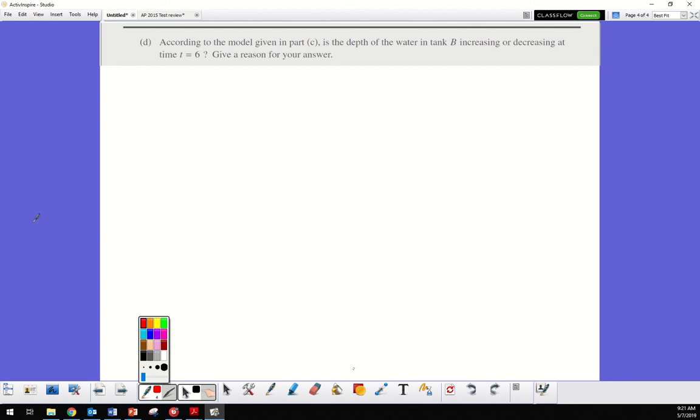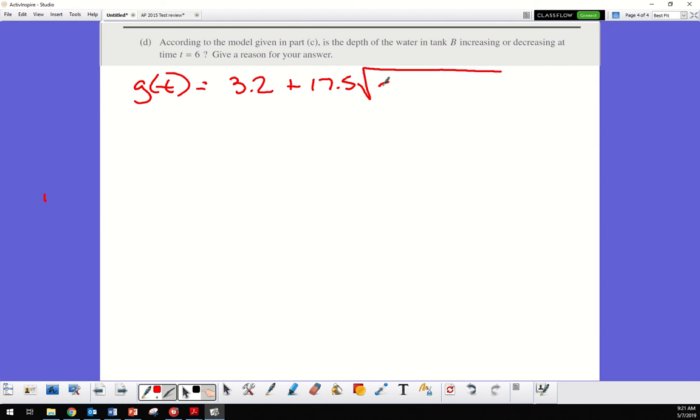Okay, so let's say it's going to be g of t. What was the function? Can you read it for me, please? 3.2 plus 17.5 times the square root of sine of 0.16t. Like that?